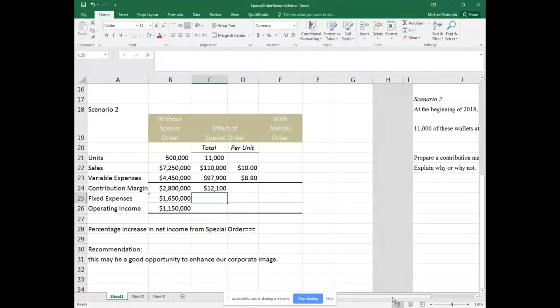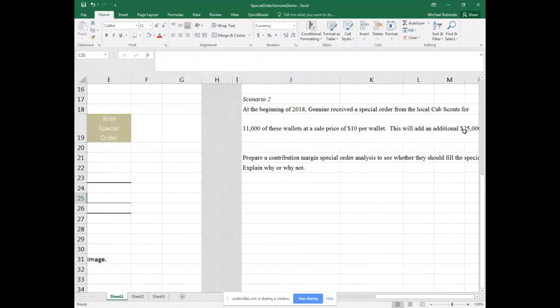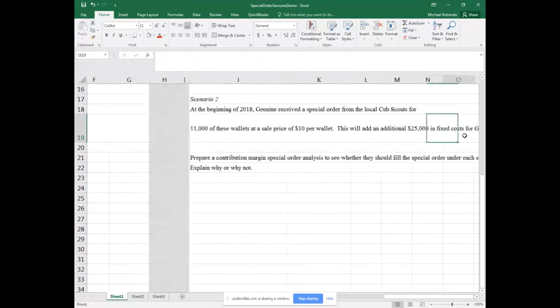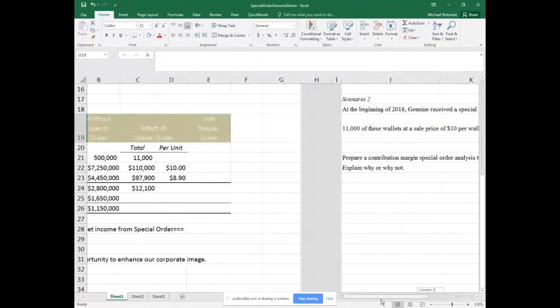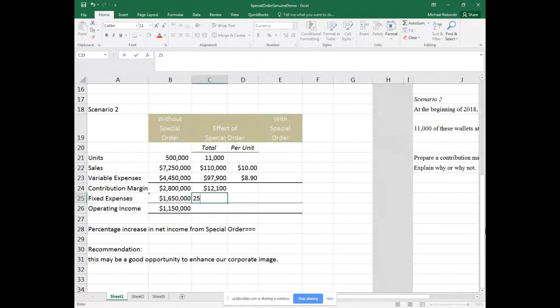Now, what's throwing a wrench in this is the 25,000 additional fixed costs. So when we add those in, we're going to have an operating loss from this special order. So we're going to have an operating loss of $12,900.